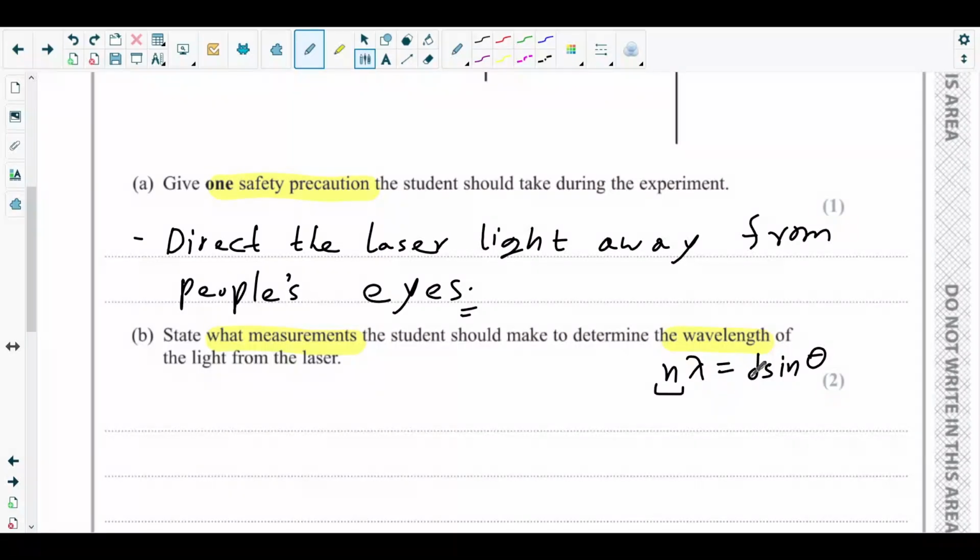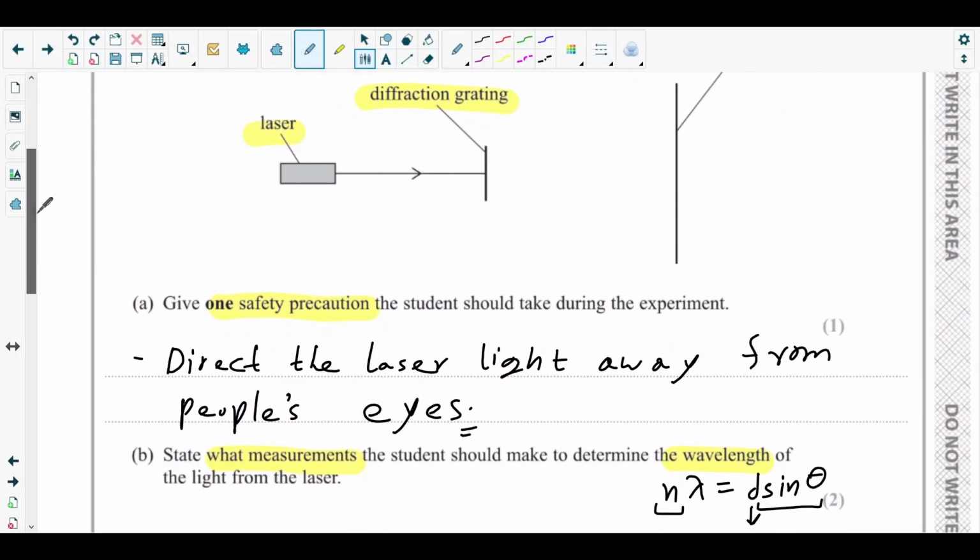Lambda we should calculate, and d can be found from the labeling on that grating, and so only sine theta remains. So that means we need theta. This theta, the angle, is basically the angle between the central maxima and any other maximum order.